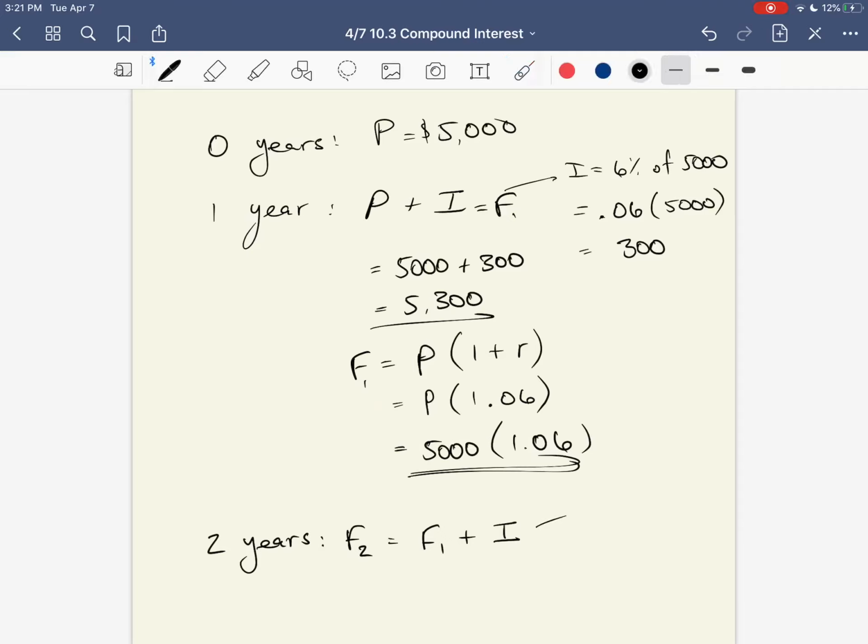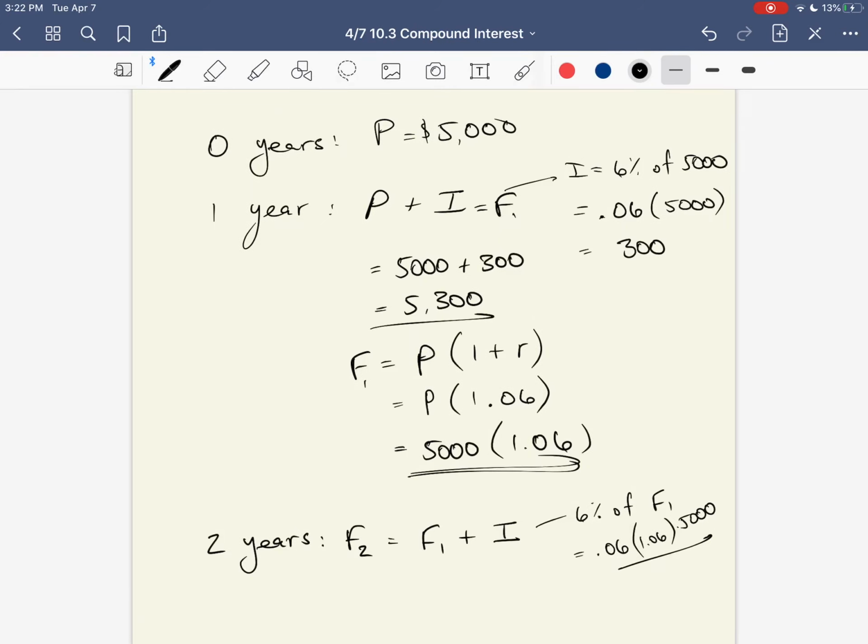So now the interest is going to be 6% of F1, which is 0.06 times, and remember F1 was 1.06 times 5,000, right?